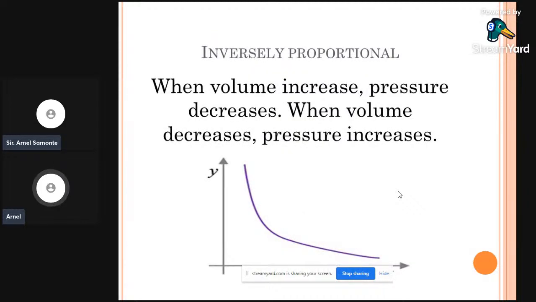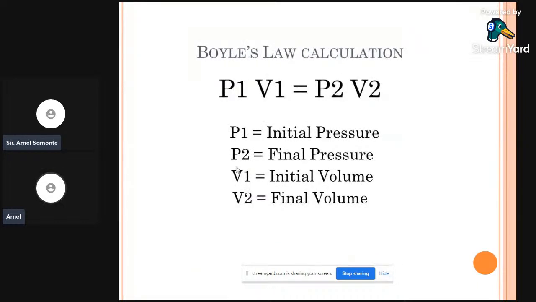In this graph you can see the inverse proportion: as pressure goes up, volume goes down, and when volume goes down, pressure goes up. Now, let's proceed to the formula for calculation for Boyle's law.